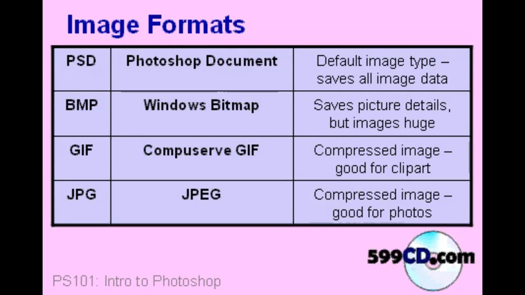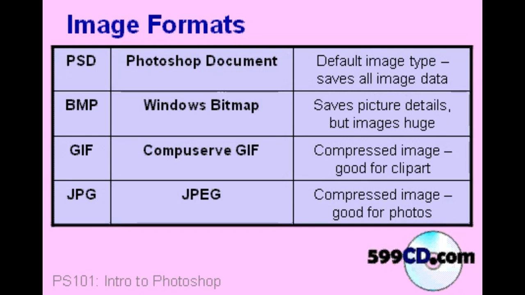All of the image data, all the information about your image, the picture, changes, layers, which we haven't talked about, all that stuff will be saved in your Photoshop document. The problem is you can only see a Photoshop document if you're working with Photoshop, if you have Photoshop on your computer. So it is not a portable format. It's not a format that you can give to someone else.